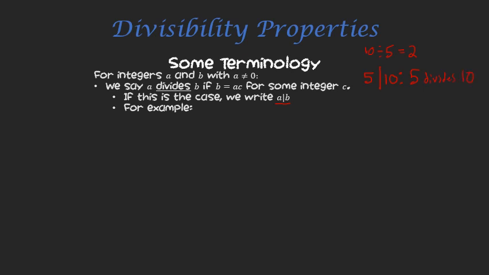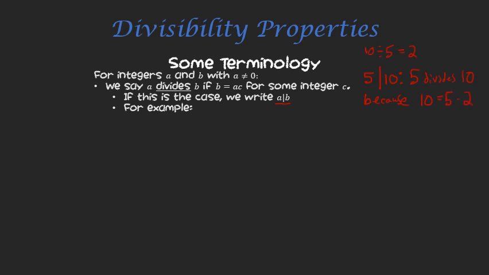And why is that true? Well, if I wanted to prove that 5 divides 10, although that's not really something you would need to prove, I need to find some integer c such that 10 is equal to 5 times c. In that case, c would be 2. So I could say 5 divides 10 because 10 is equal to 5 times 2.